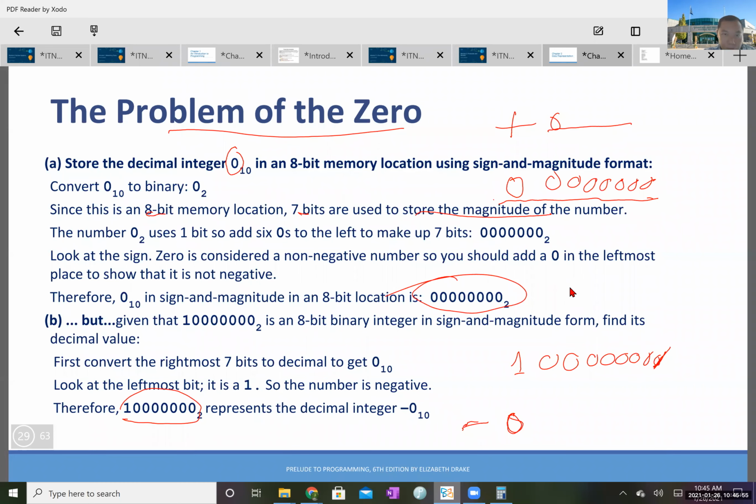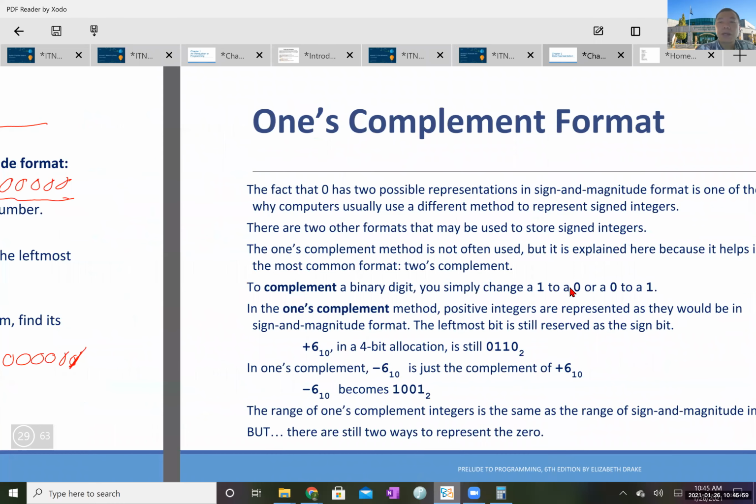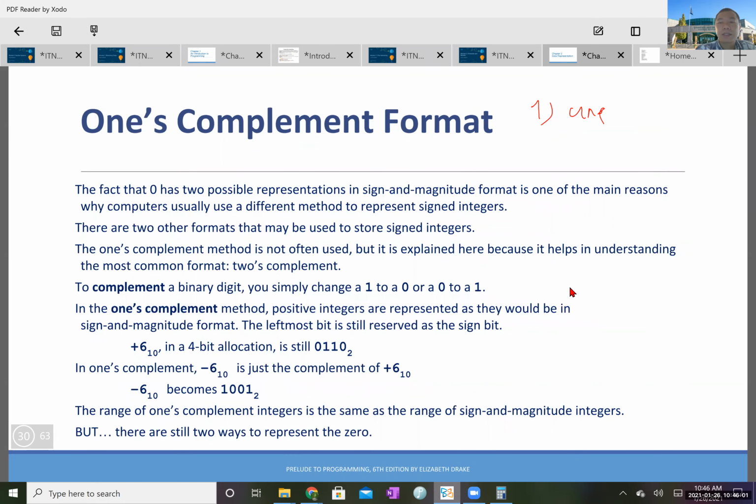Okay. Now you already know the first one, unsigned. The second one, sign and magnitude. The third one here is 1's complement. So here's how 1's complement works. Normally it works when working with the positive number, just do the same.